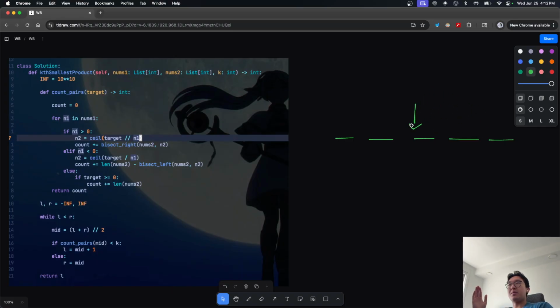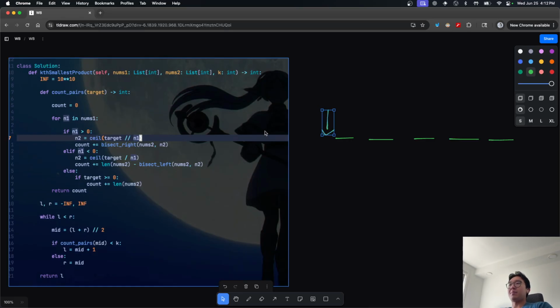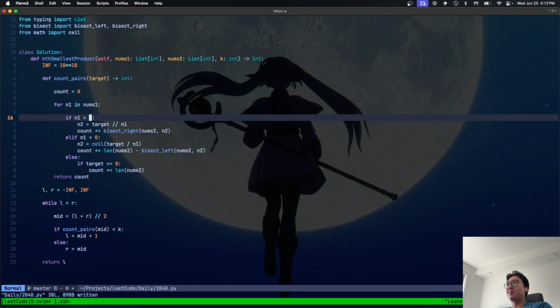The same thing for the negative number. If I take the floor, I'm going here. This is not part of the answer. And then I go one more, which is bisect left. So I'm grabbing one extra element that should not be in the answer. Okay, now I think I got it.